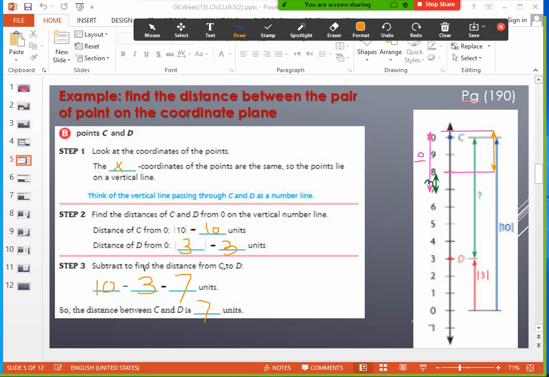Okay, girls, now did you finish? When you finish, please type 1 in the chat. If you don't finish, please type 0. Okay, I think all of you finished.